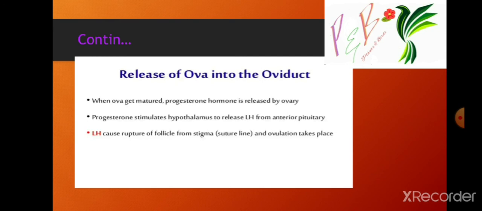Ovulation takes place when the suture is cut and the follicle is released. The hormone useful for release of the follicle is luteinizing hormone, which is stimulated by progesterone.